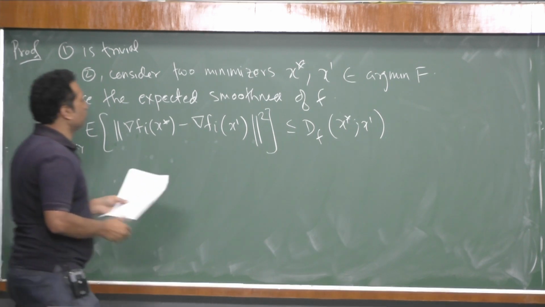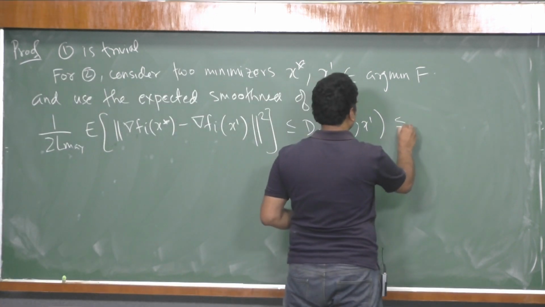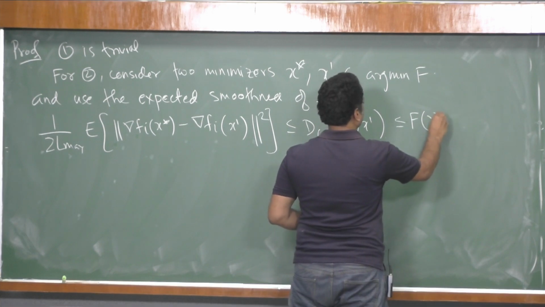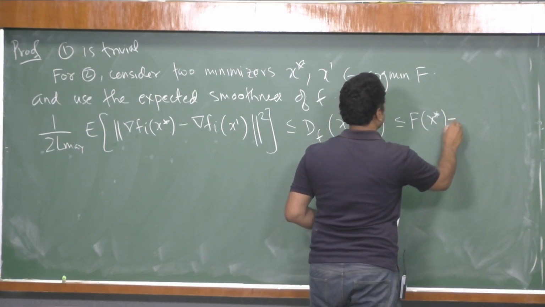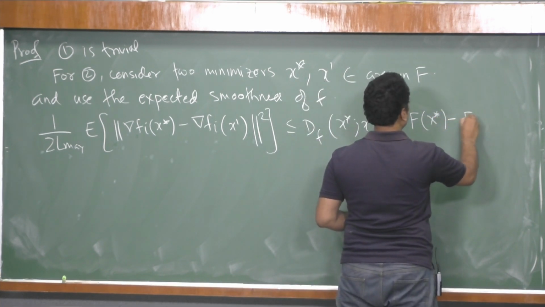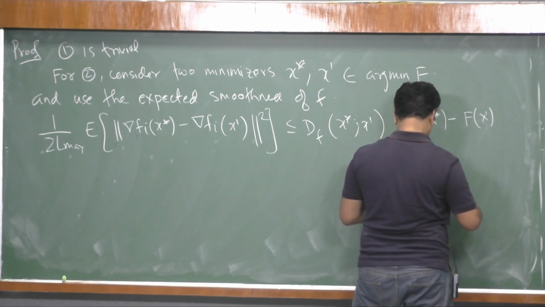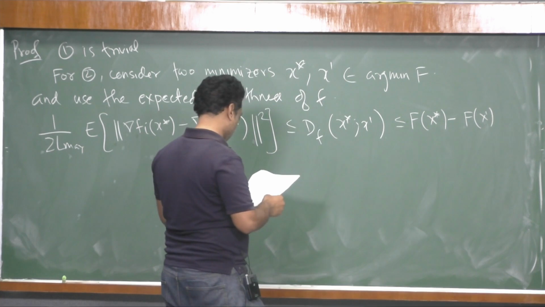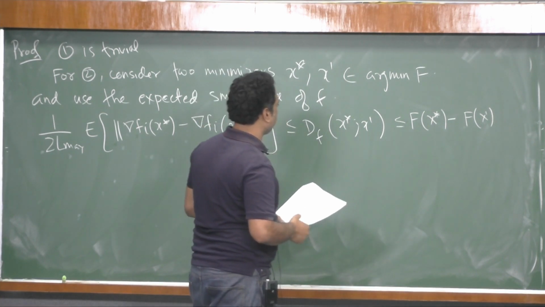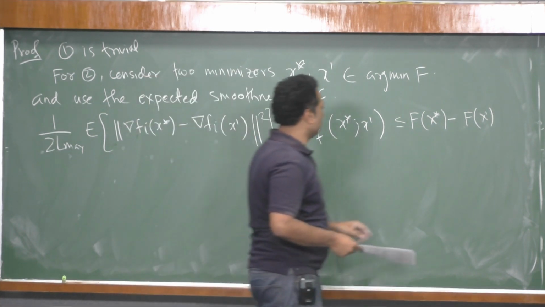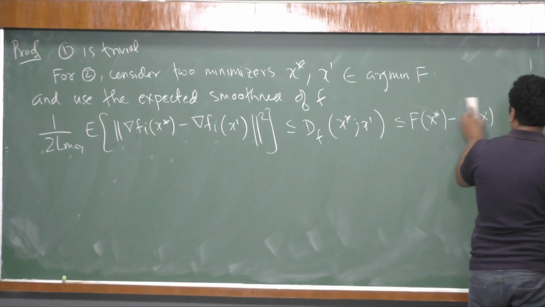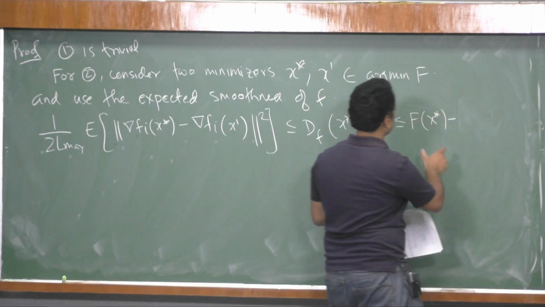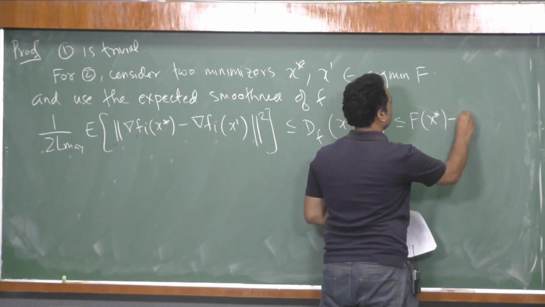So this guy, by definition, is capital F(x*) minus F(x'). I believe those are the notations they also used. If you want, you could have written it as one more step: this minus the infimum of f.